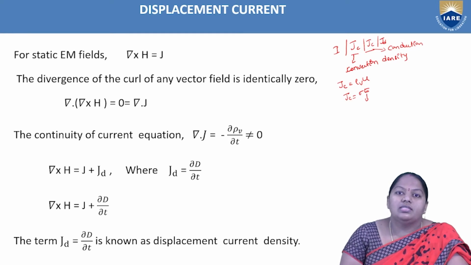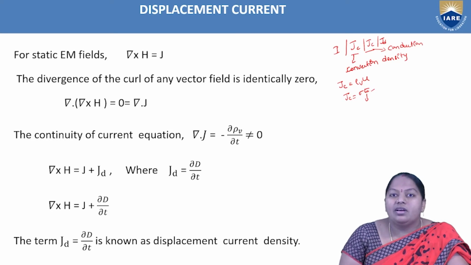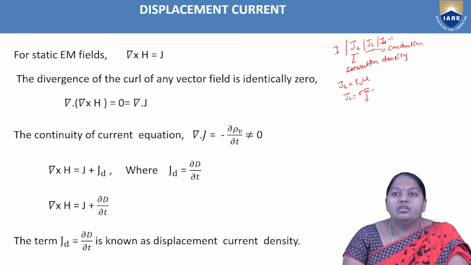Generally, we use the notation E for electric field intensity. Now, similar to these two, we have another current density called JD, where D stands for displacement current density.